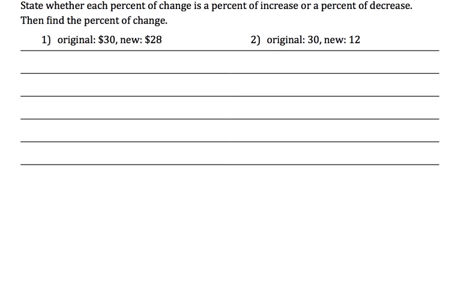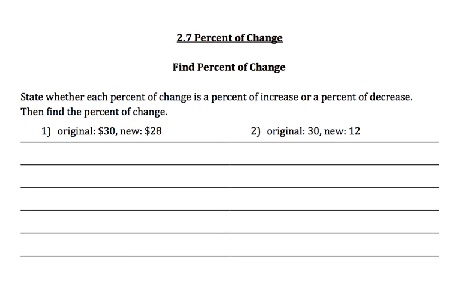So looking at the examples that they give us, first of all, they want us to be a little bit thoughtful about this. State whether each percent of change is a percent of increase or a percent of decrease. That's kind of just a catch to make sure that you don't rush through these and find yourself making a careless error in the final answer.